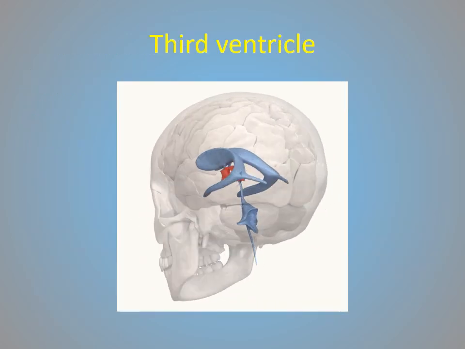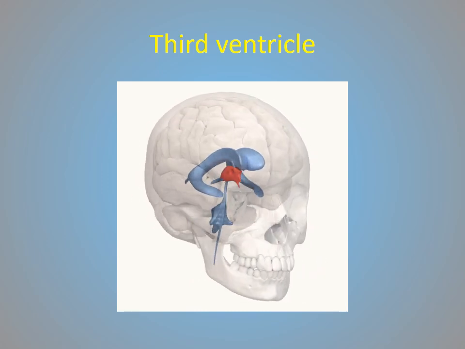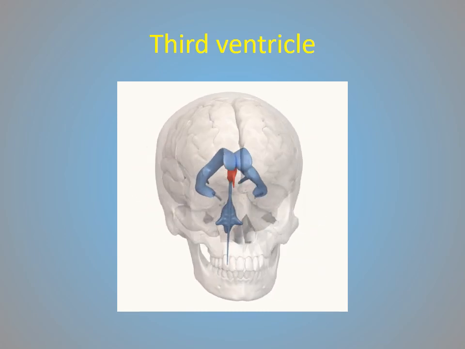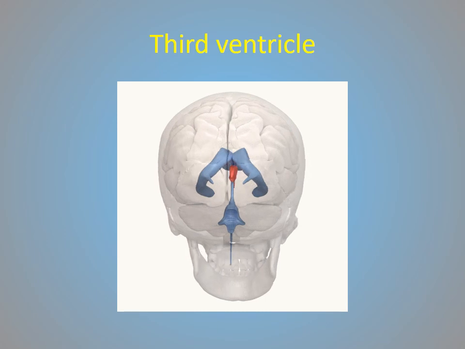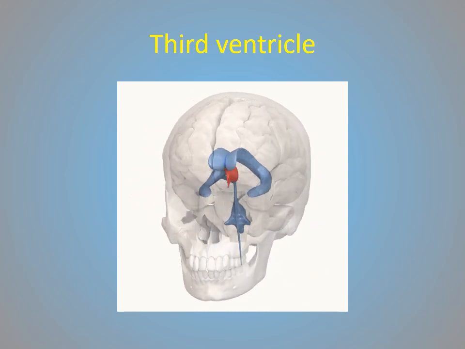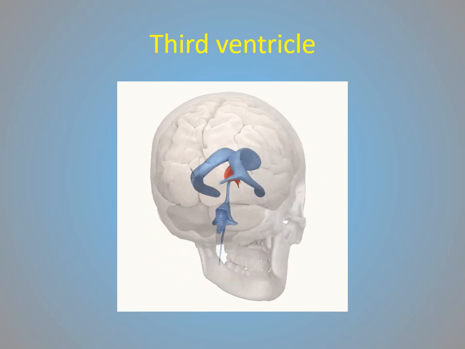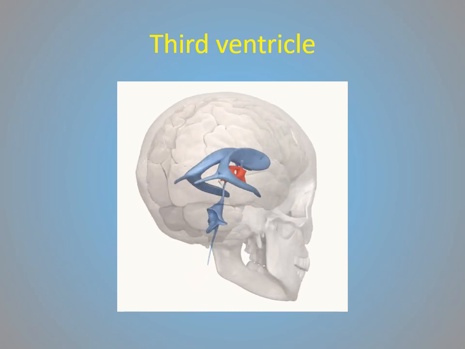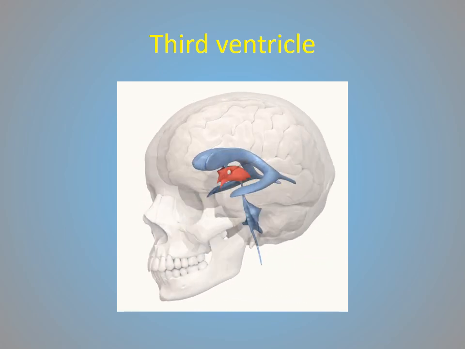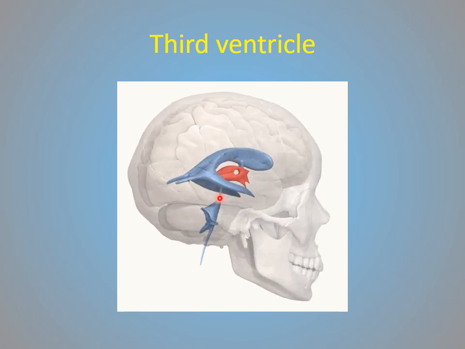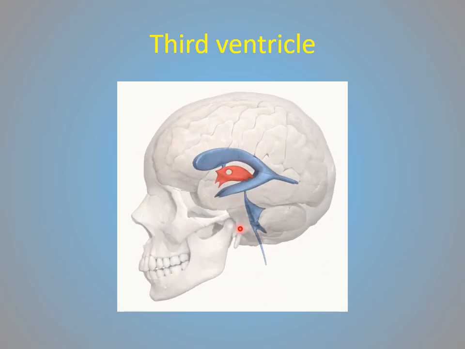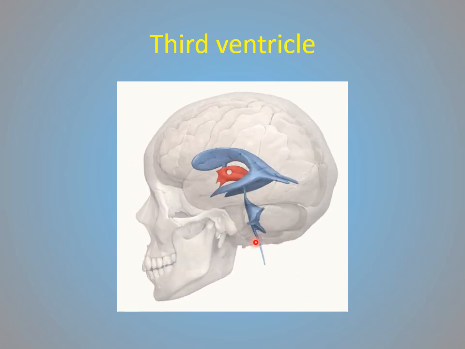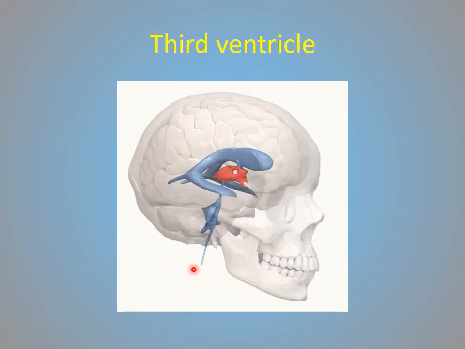So now you can see here the adult structure of the third ventricle, which is shown in red, and this is the cavity found between the two thalami, filled with CSF. Above, it is connected to the lateral ventricle, which is the cavity of the cerebral hemispheres and is C-shaped with anterior and inferior horns, and then below it is connected through the cerebral aqueduct to the cavity of the fourth ventricle, and then to the canal which runs into the spinal cord.